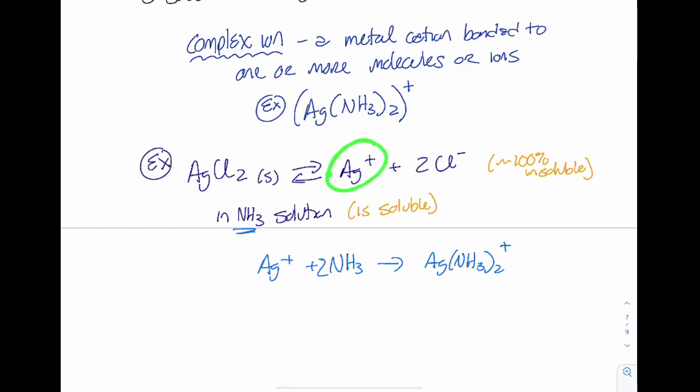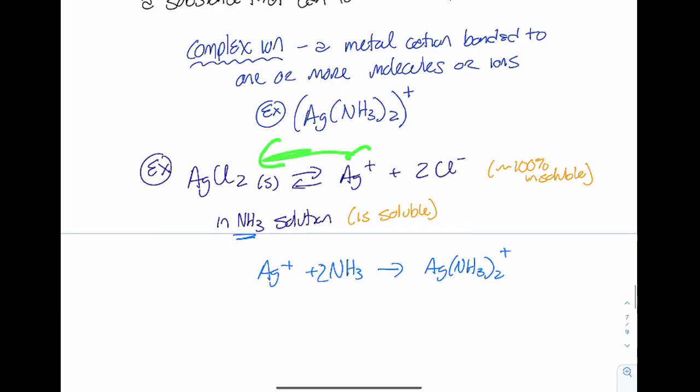I don't have silver floating around anymore. I can't go back in this direction because what I'm essentially doing is removing this from solution by reacting it with ammonia. So because silver is tied up in this complex ion, I'm really removing a product, shifting my equilibrium towards products, away from my solid, towards my aqueous ions, increasing my solubility.